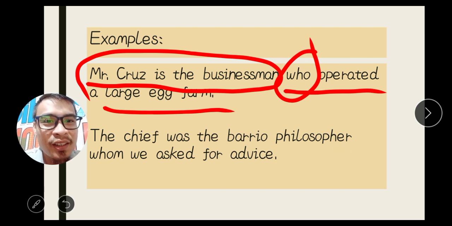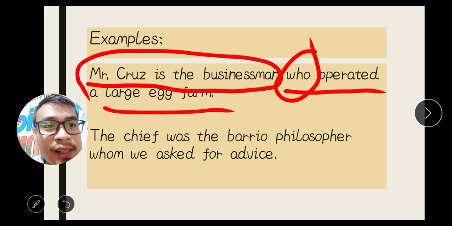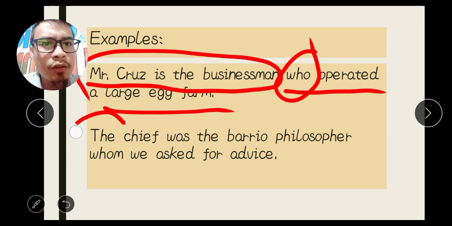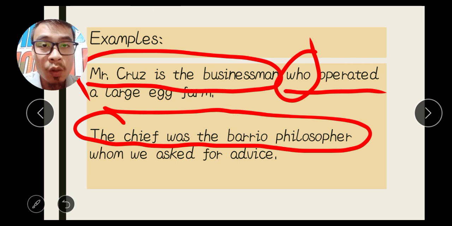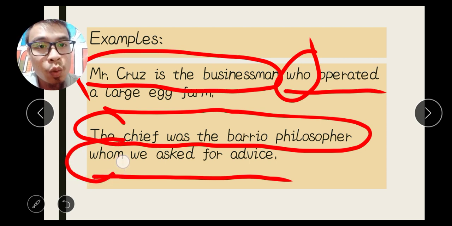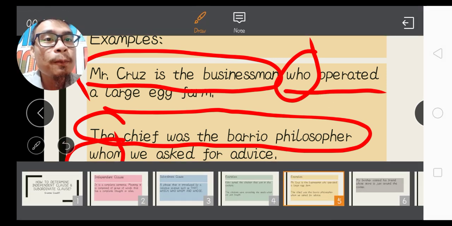So, third example. The chief was the barrio philosopher whom we asked for advice. So in here, guys, very clear that the chief was the barrio philosopher. It's our independent. And whom we asked for advice is the subordinate clause, because again there is that whom, the relative pronoun. So that's it.